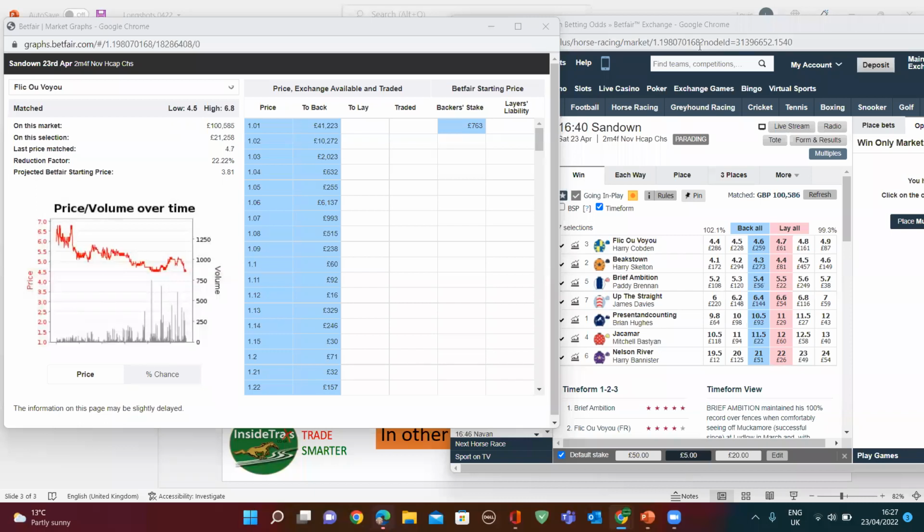So now we're going to look at the Sandown 4:40, 2 mile 4 furlong novice handicap chase. We're going to go through the process that I would go through to look at what is worth in-play trading. I'm not going to do any trading, because I would normally use software.